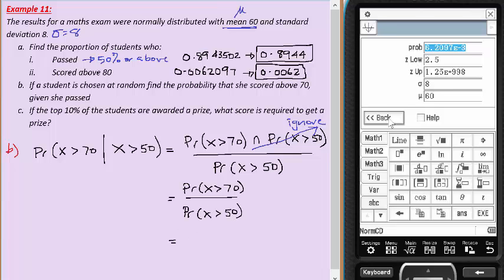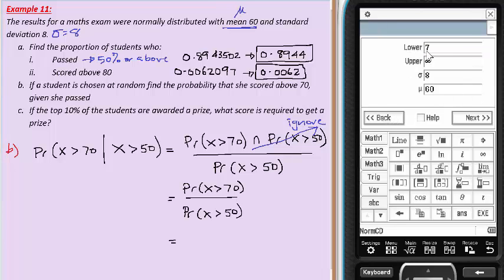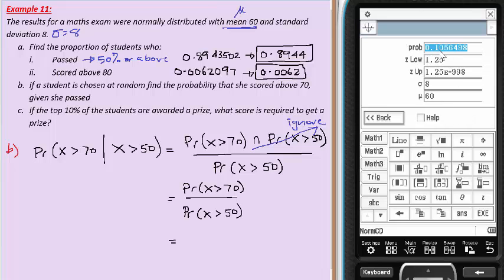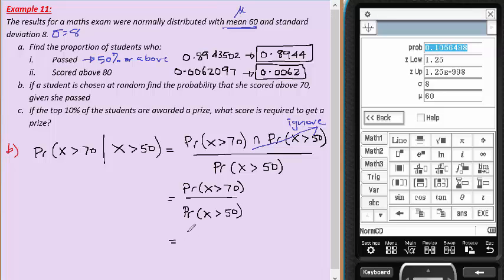So I'll put that into the calculator. I'll go back a step. My lower boundary will be 70, my upper infinity, and I get a value of 0.1056. Let's get it to all its places. 0.1056498 over my probability that x is above 50. I found that out here, and I cunningly kept all my values, so I can write 0.894350.